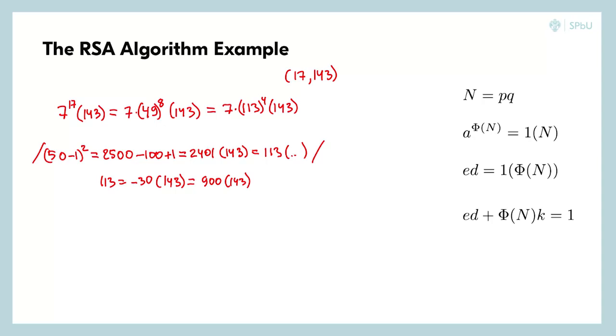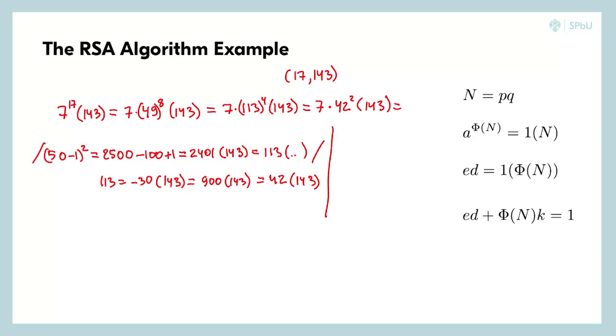And 900 is 42 modulo 143. So this transforms to 7 multiplied by 42 squared, modulo 143.